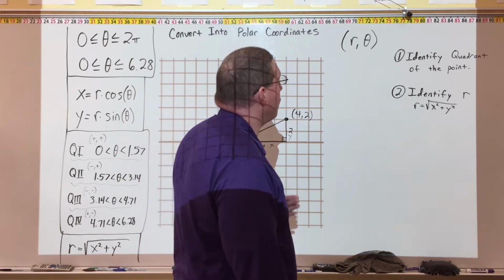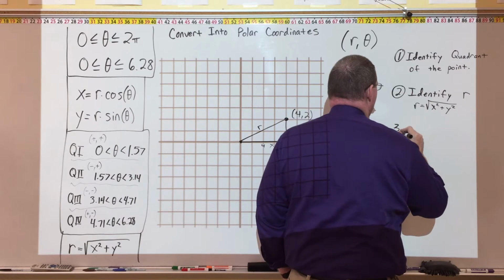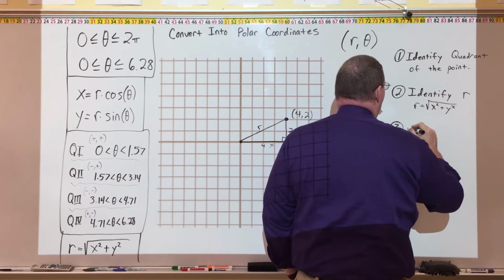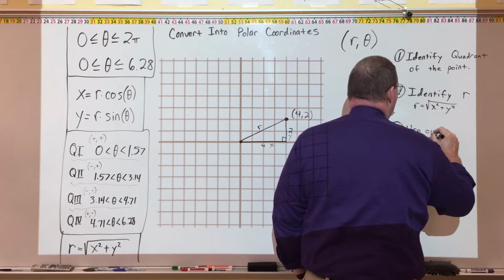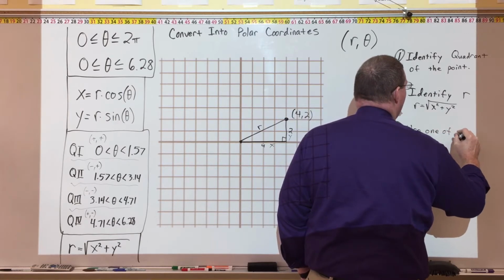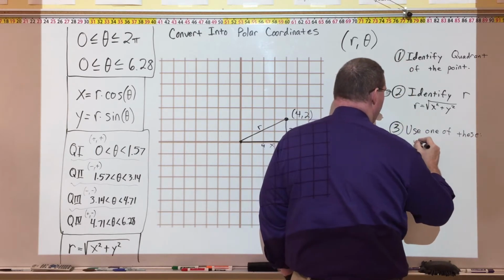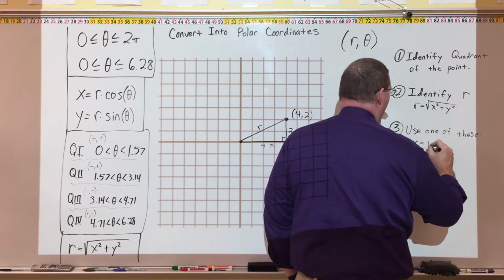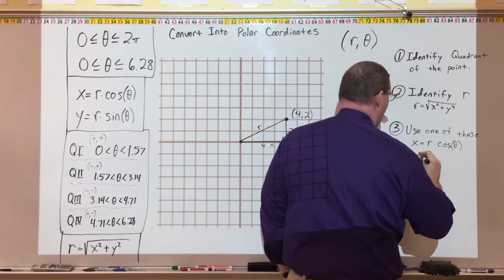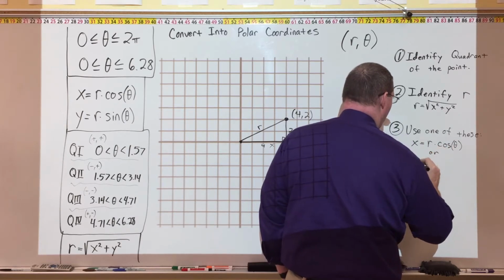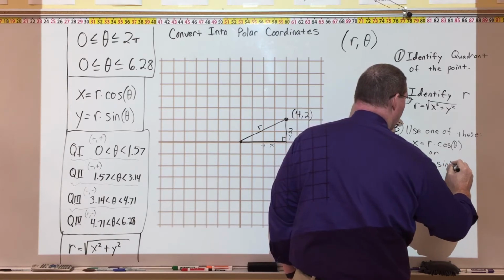So now, after you have R and you've identified the quadrant, the third thing you're going to do is use one of these. You only need one of the two formulas. You're either going to use the x equals r cosine of theta formula, or y equals r times sine of theta.